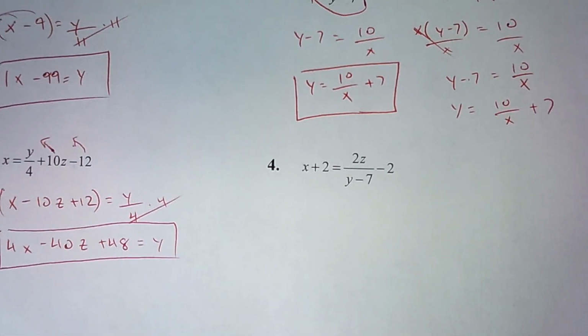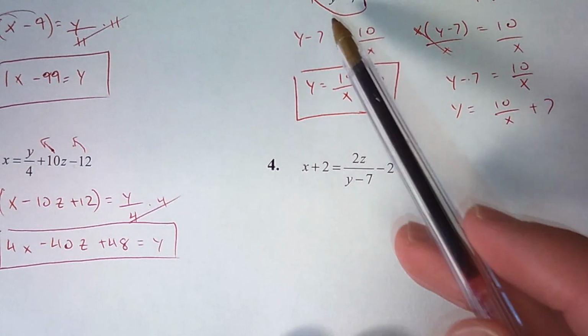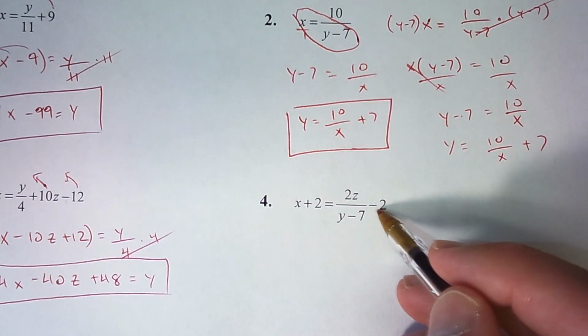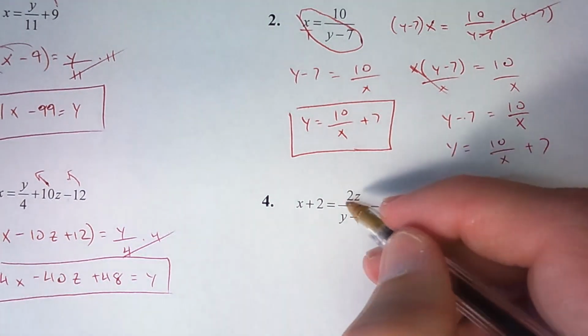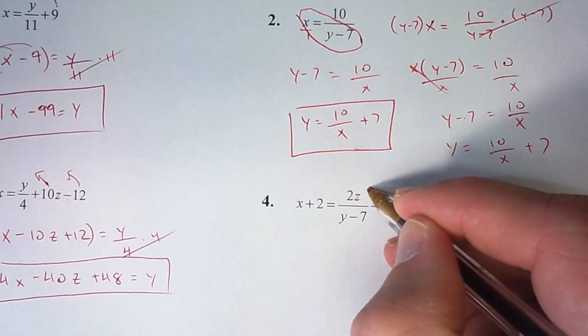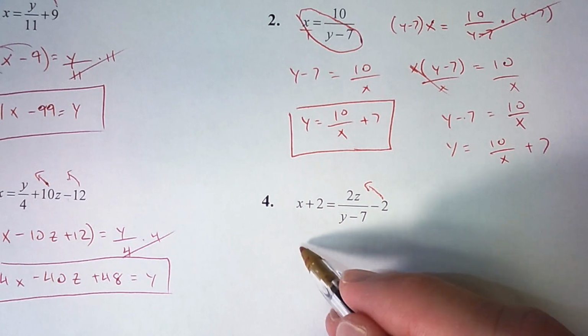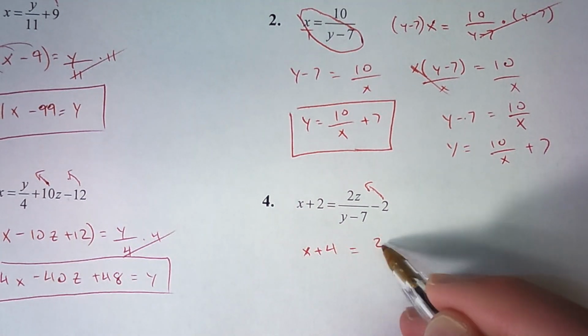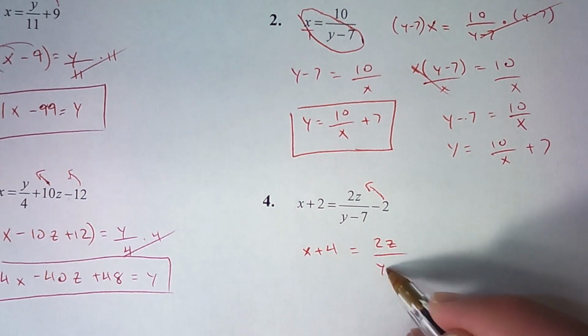And number 4, I'm going to do similarly to number 2, where I swapped diagonally, but first I have this minus 2 that's blocking me from doing that swap, so I will add that to both sides. So I get x plus 4 equals 2z over y minus 7.